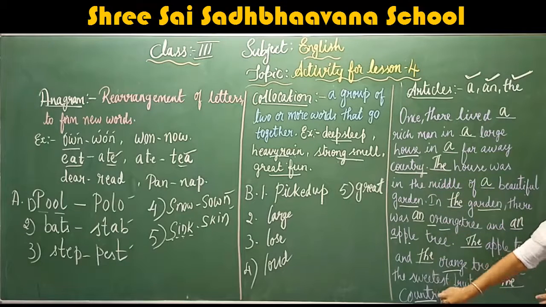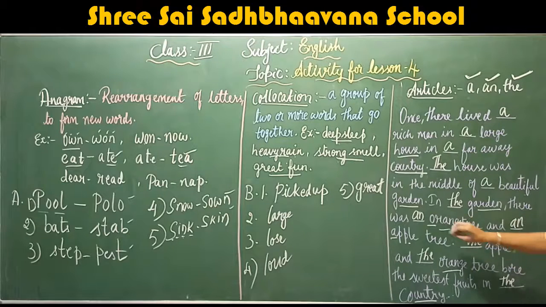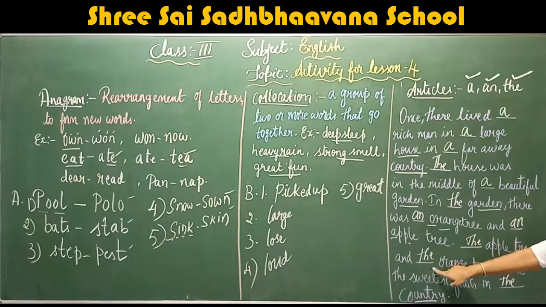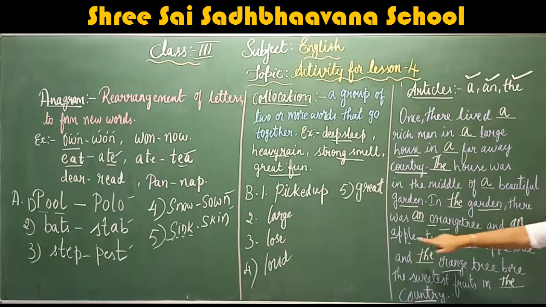Here country is repeated twice, so I used the article the. And here the orange tree is used twice, so I use the apple tree and the orange tree. Here also apple is repeated twice, so I use the article. Here also garden is repeated twice, so I have used the article the.